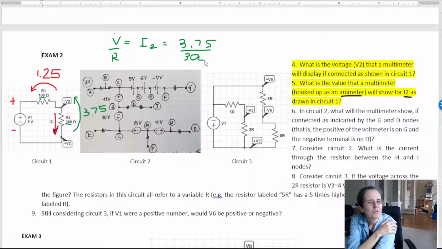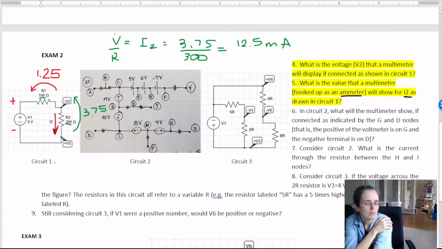And we sort of know that 375 divided by 3 is 125. But I want to put this in milliamps, so I'm going to write 12.5 milliamps. Could have also done 5 volts divided by 400 ohms.